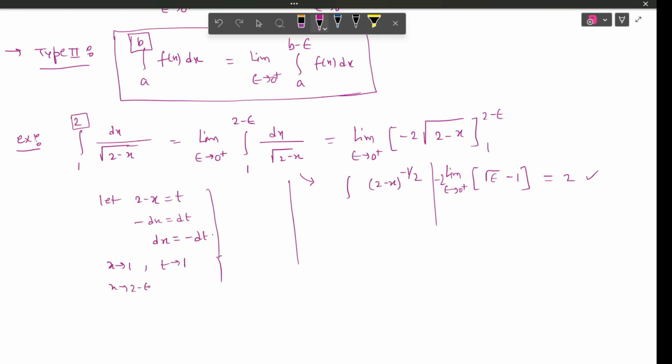When x tends to 2 minus epsilon, that is 2 minus 2 plus epsilon, then t tends to epsilon. So our limit is limit epsilon tends to 0 plus, integration with lower limit 1 and upper limit epsilon, and dx is minus dt, so it will be minus dt by root t. Now solve this, you will get the same answer as we got.